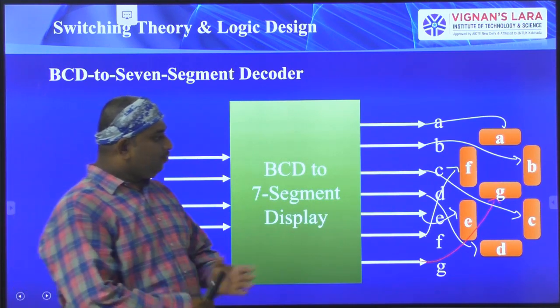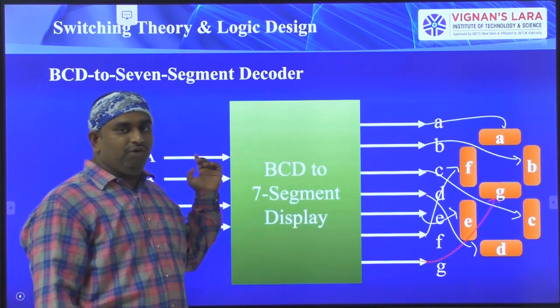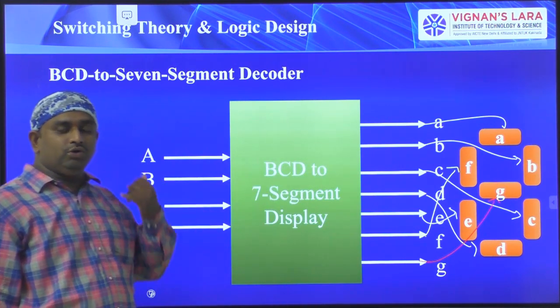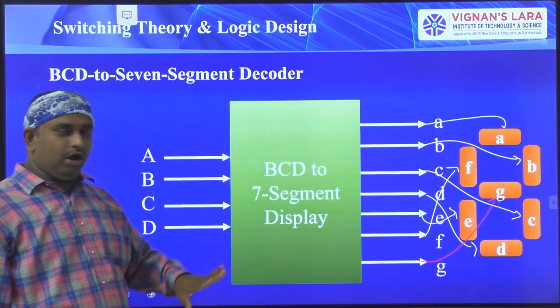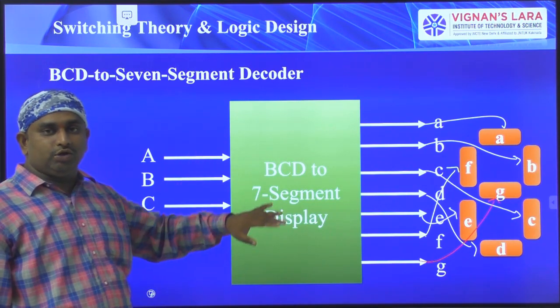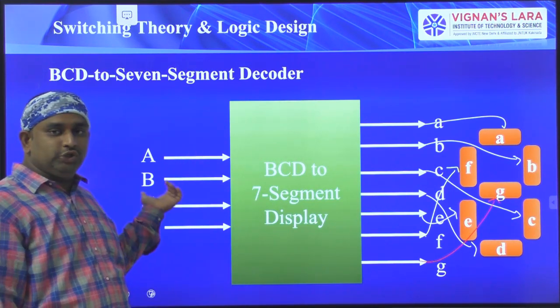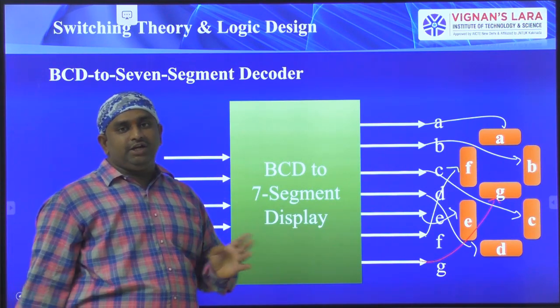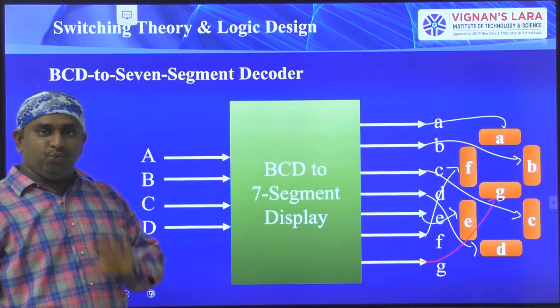So in this way we are making the connections. Now whatever value you are giving, based on that value, the LEDs are going to glow or not glow. The LEDs are going to switch on or switch off based on the given input combinations. So this is called BCD to 7 segment display converter.